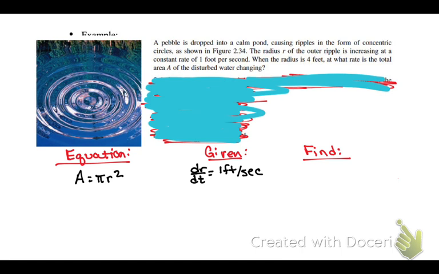I need to find, okay, so when the radius is 4, what is the rate of total area? So I need d what? dA/dt. I need dA/dt when r equals 4. Now, did everyone get how we got all that information?